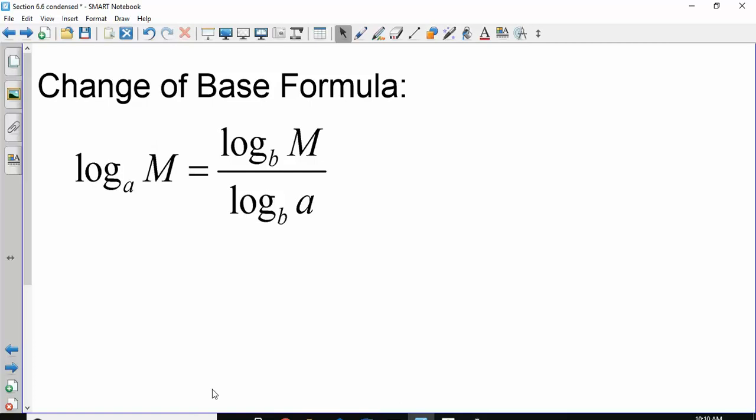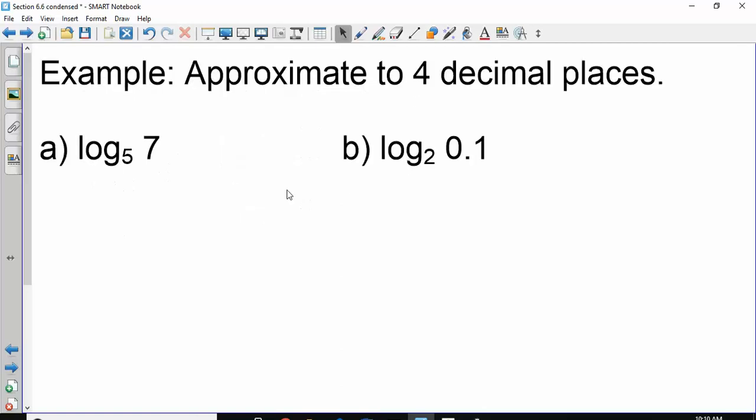So in order to change the base, you can go to whatever base you want by doing log of the argument divided by log of the current base. So for example, if I asked you to use this formula to approximate log base 5 of 7, then we would turn this into log, we'd go base 10, since that's the button on our calculator, of the argument, so log of the big number divided by log of the small number.